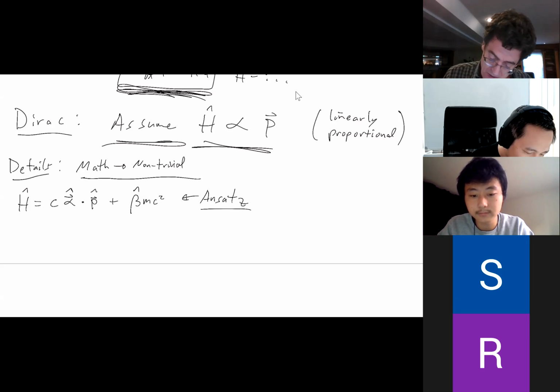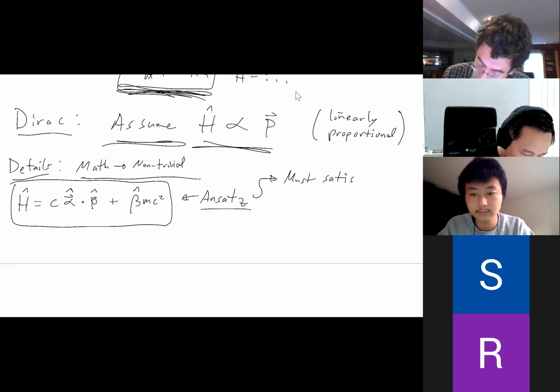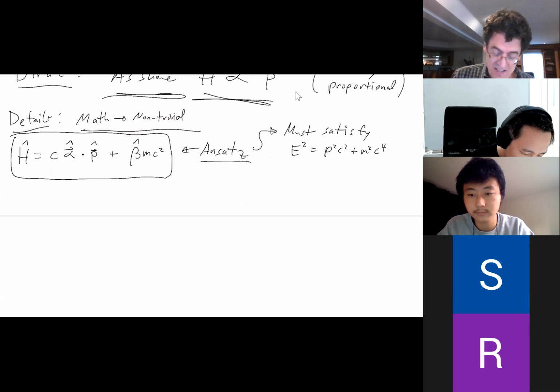The second thing is that he said, let's assume the Hamiltonian has this form, but whatever we get must also satisfy E squared equals P squared C squared plus M squared C to the fourth. And if that's the Hamiltonian, then the Schrodinger equation must look like this.